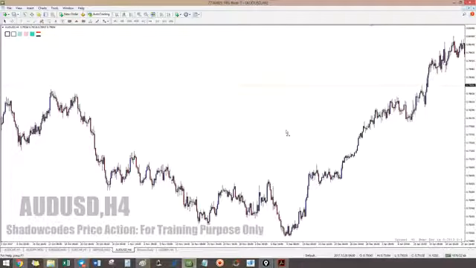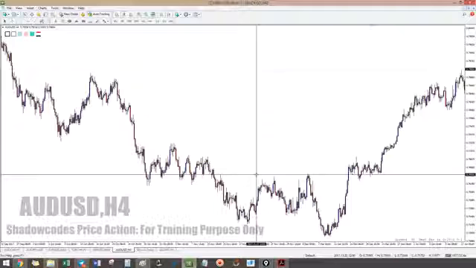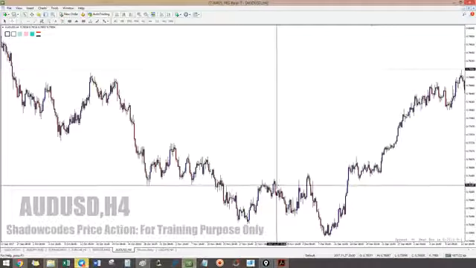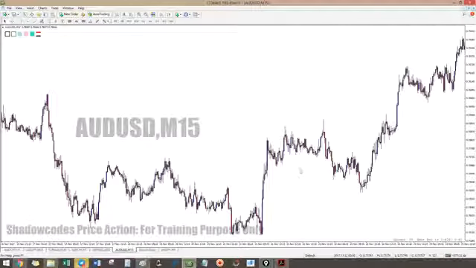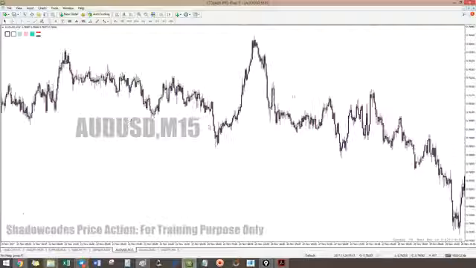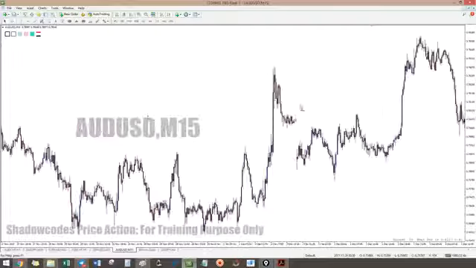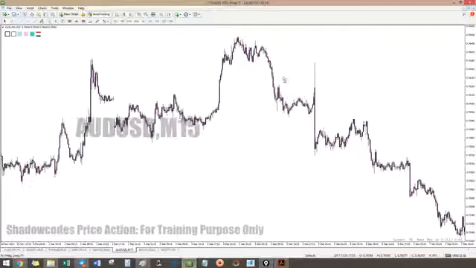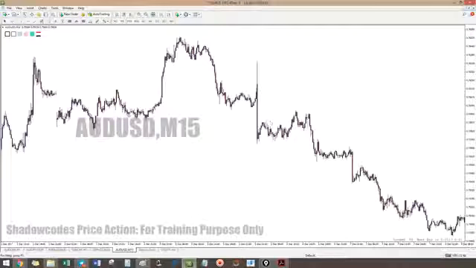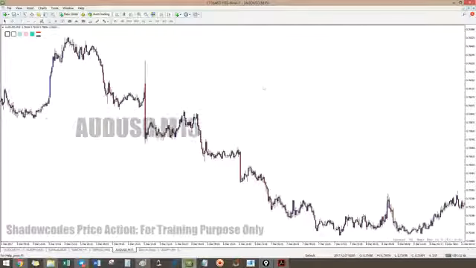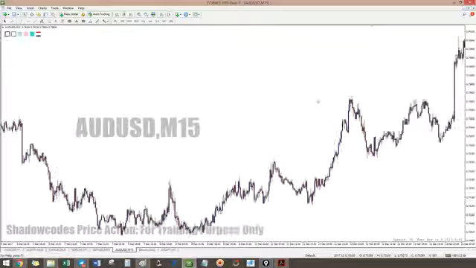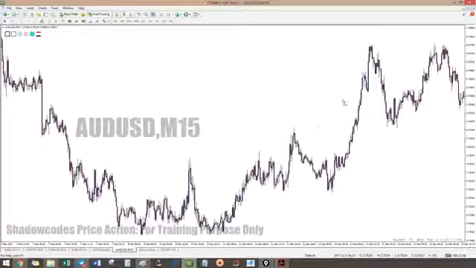Drop base drop as a swap zone. This one? No. This one? Yes, maybe, but it's not clear. M15. If you have any question, you can ask. I'm just looking for drop base drop as a swap zone. It's quite difficult, but there is.